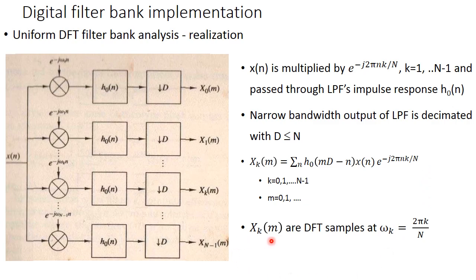So xk(m) at the output are DFT samples at omega equal to 2 pi k by N, where k varies from 0 to N minus 1.